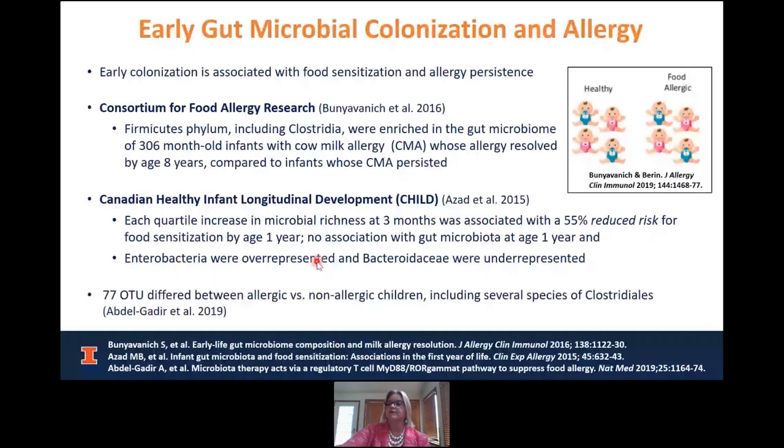Another study found that there were a number of OTUs that differed, including several species of Clostridiales. So the take-home here is that Clostridium is coming up as a protective bacteria in these studies.